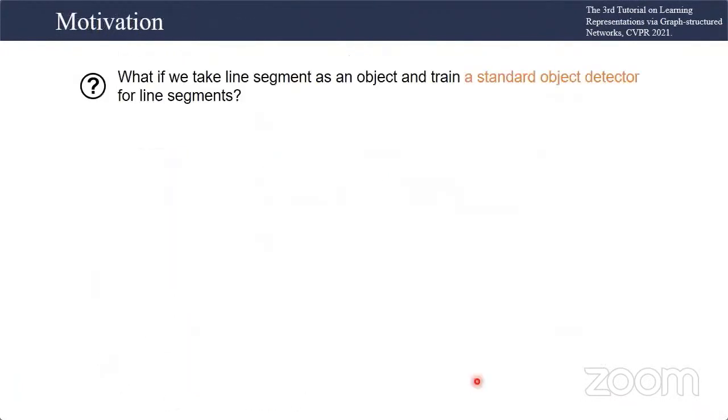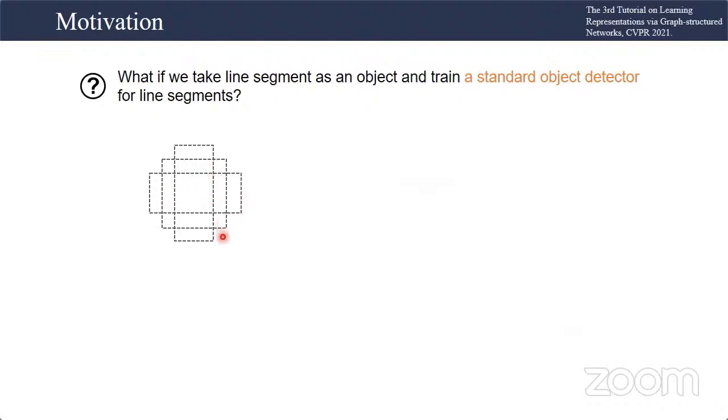So here, we want to simplify the line segment detection pipeline by performing line segment detection directly as an object detection task with a single process. A naive solution could be simply done by treating line segments as objects and solve it using a standard object detector such as Fast RCNN. Fast RCNN typically consists of predefined anchors for the possible bounding box hypothesis.